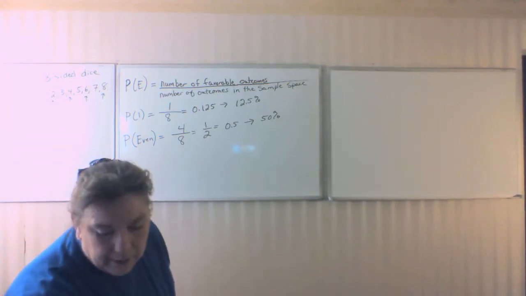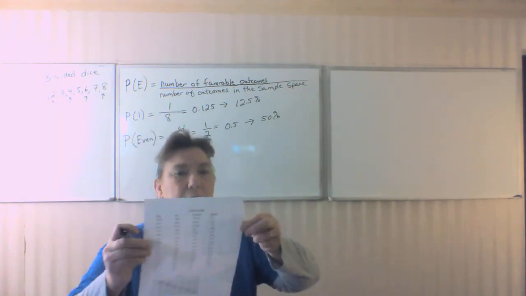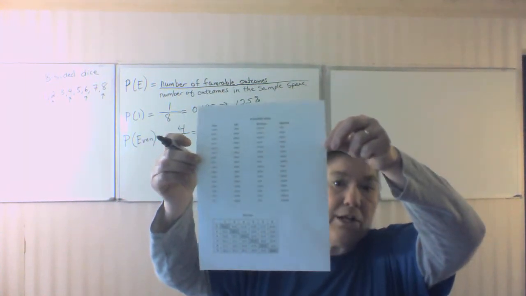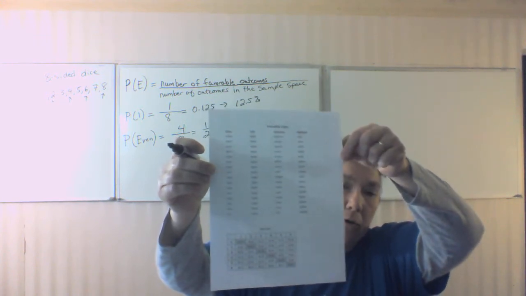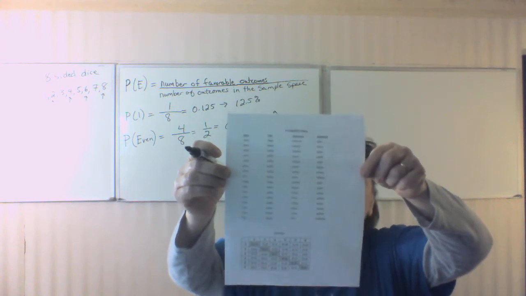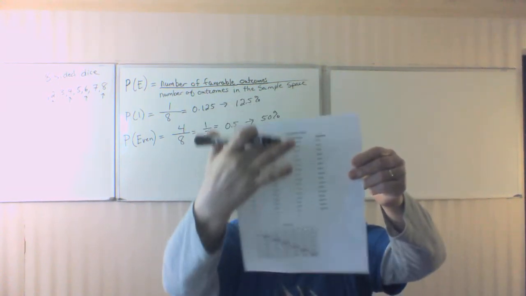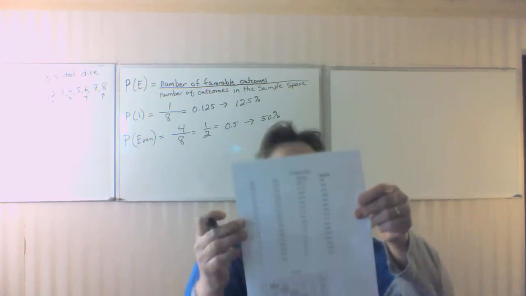Now, your probability worksheet is going to use a lot of this particular page that is there in your online system. It's really important that you look at that because every one of these columns is a different sample set.